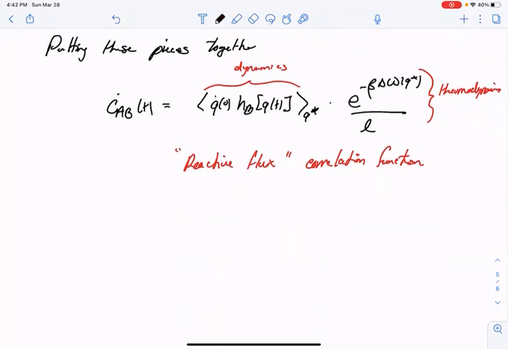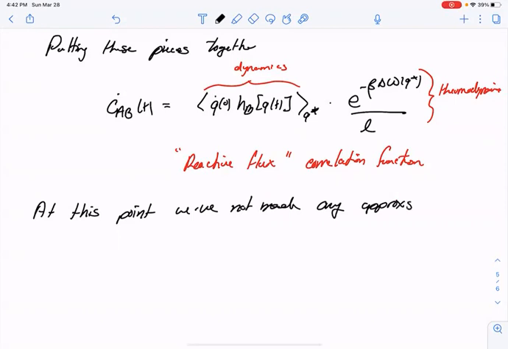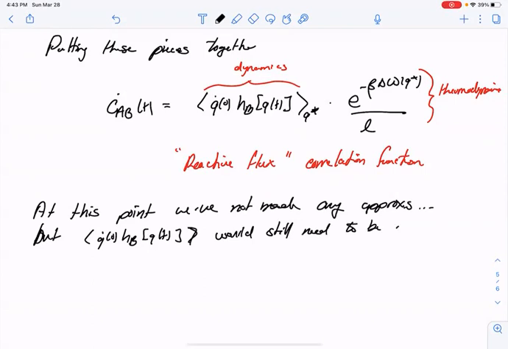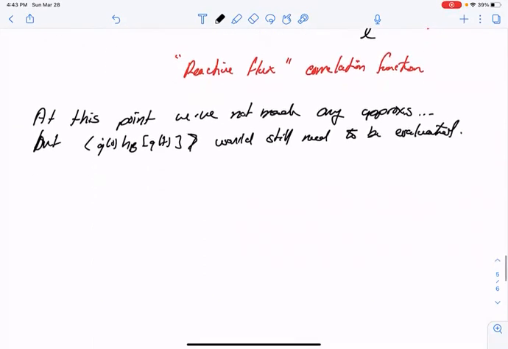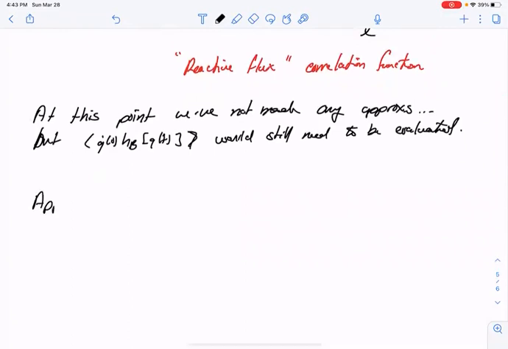Let's do that by taking a short time limit. So let's approximate C_AB at t by its value at time 0 plus.